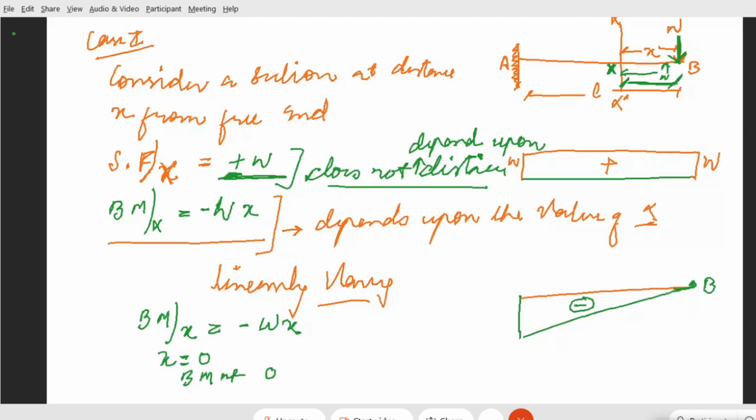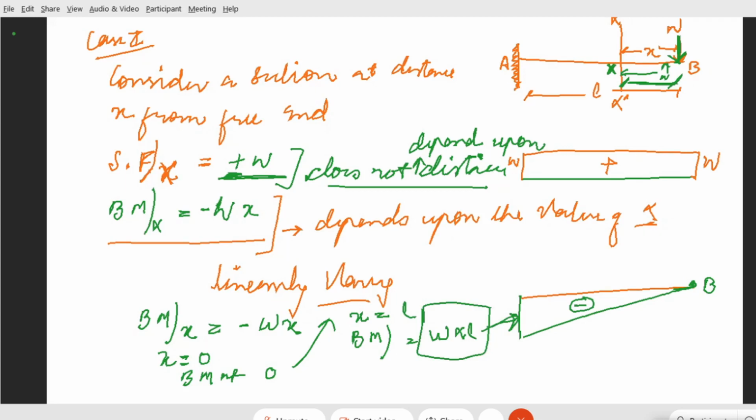And when x is equal to L, bending moment will be W cross L. That will be at this very point. This will be your W cross L moment at point A.